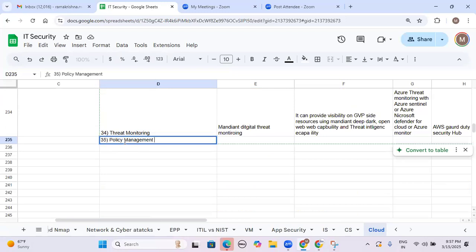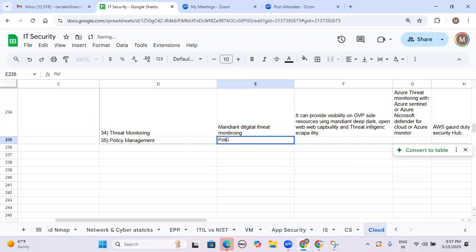What will this policy management do? It will do access control for our Google Cloud Platform resources where we configured. That is called the policy intelligence platform or service. Rules and regulations like access control.